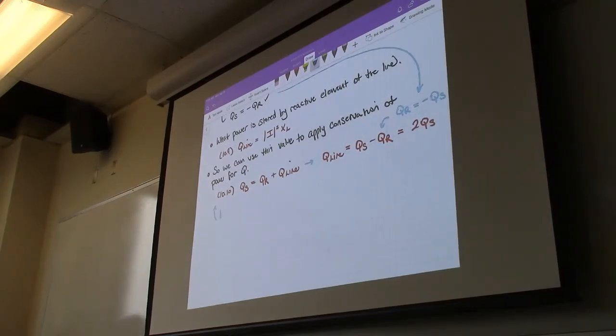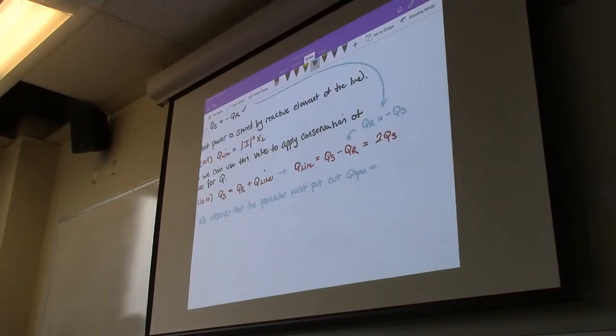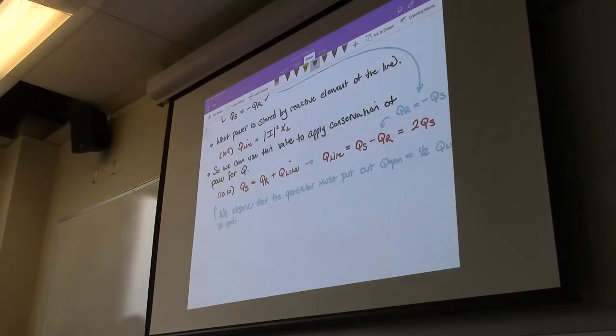And so now we observe that the generator must put out a reactive power injection that's equal to 1/2 of whatever is being consumed by the line.